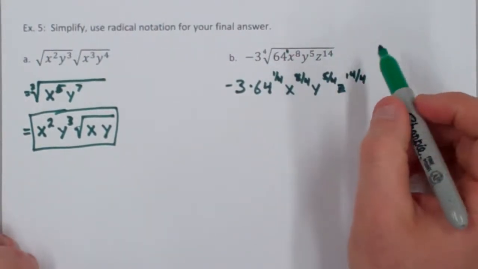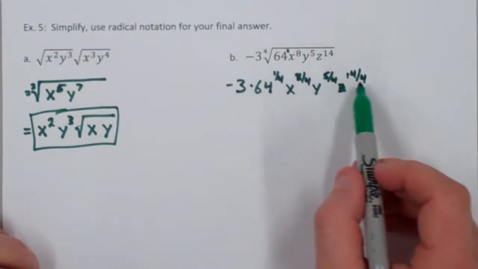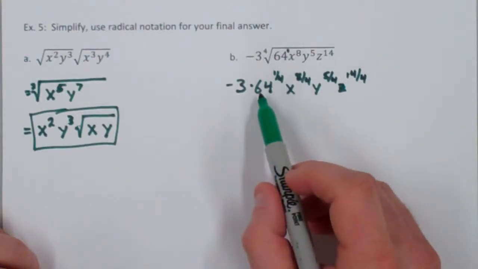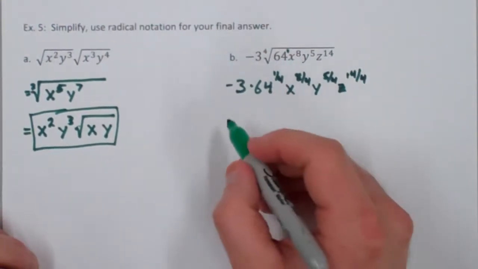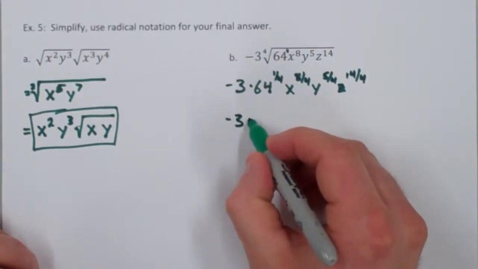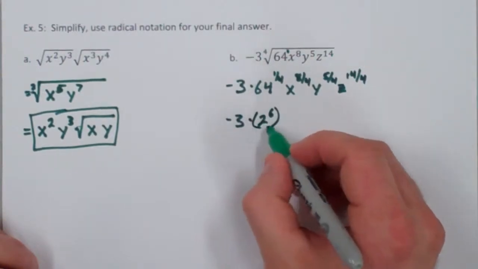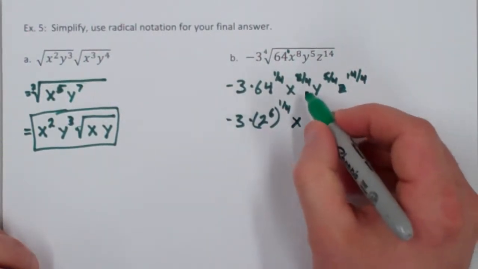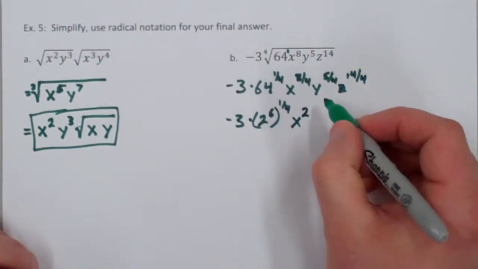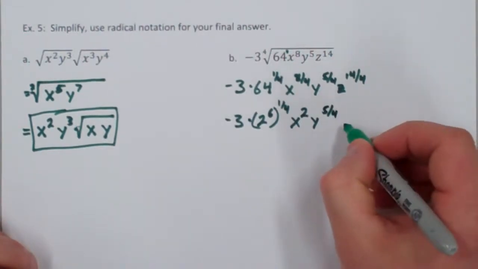At this step, even though it might seem that it would be nice to simplify some of these, we're only going to simplify ones that work out to be whole numbers. And also, we need to take a look at this 64. To rewrite 64, that can be rewritten as 2 to the 6th power. Okay, x to the 8 over 4, let's go ahead and do that. That's x squared. Y to the 5 over 4, we're going to leave just as 5 over 4.